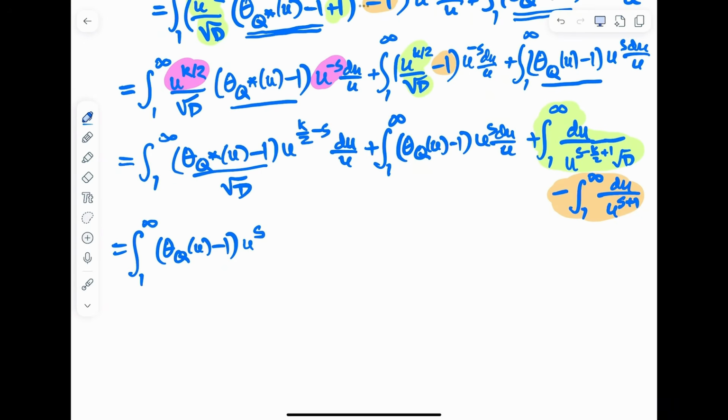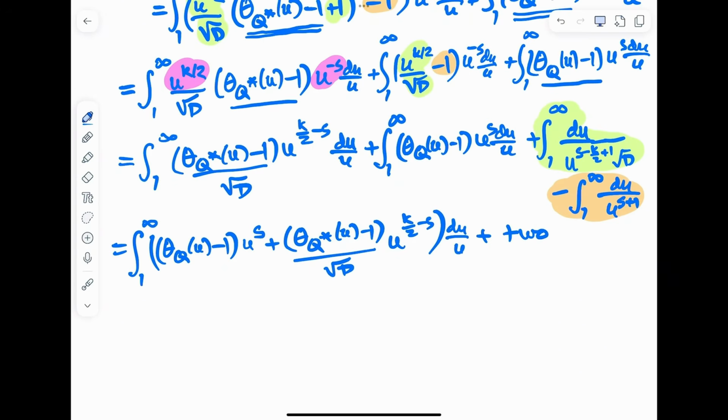So this thing times u to the s plus this thing with q star over root d times u to the k halves minus s, and everything times du over u. And then we're going to have two more terms. That's the combination of those two things. So I'll just put them on top of each other.